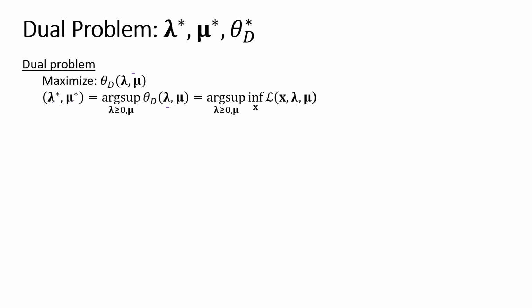And since the dual function is the infimum with respect to x of the Lagrangian, we get this expression for lambda star and mu star. And theta d star is the maximum value of the dual function theta d, which is by definition theta d of lambda star, mu star. So lambda star and mu star are where theta d acquires the maximum value.